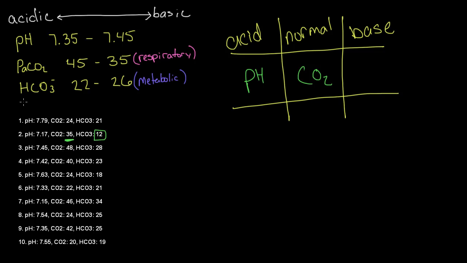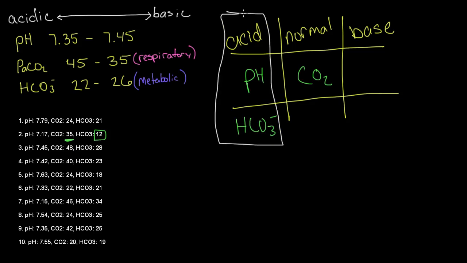This is too acidic, so we write down our HCO3, our bicarbonate, in this column. So where's our tic-tac-toe? It is right here. Using the acid column, acidosis, write down acidosis. Which parameter made up our tic-tac-toe? This is our HCO3, which is a metabolic parameter, so we are in metabolic acidosis.